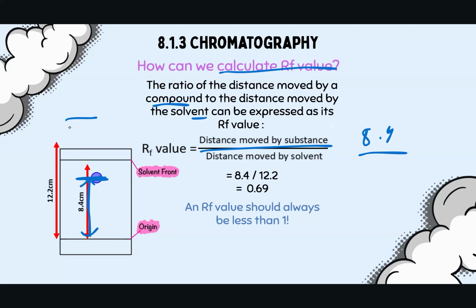Distance moved by substance. Distance moved by solvent will be from the origin line to the solvent front. Again, the arrow's slightly big. 12.2. Divide them and you get 0.69. Now the RF value should always be less than 1 because the compound is dissolving in the solvent to rise upwards, so it can't go beyond the solvent.